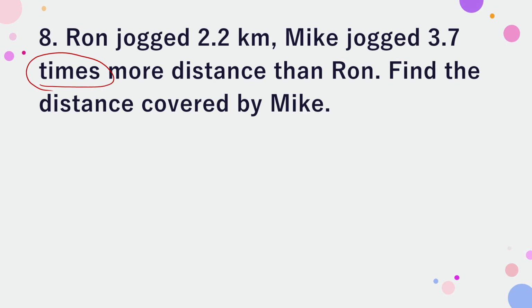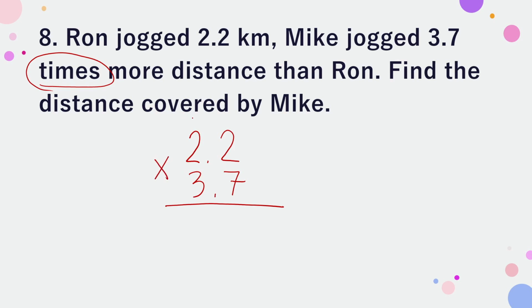Na may word nga times ana, di ba? I told you, if the word is times, like 3 times, 4 times, it's a multiplication problem. Is this clear, section obedience? Yes, sir. So let's multiply 2.2 by 3.7. Okay? This is multiplication.